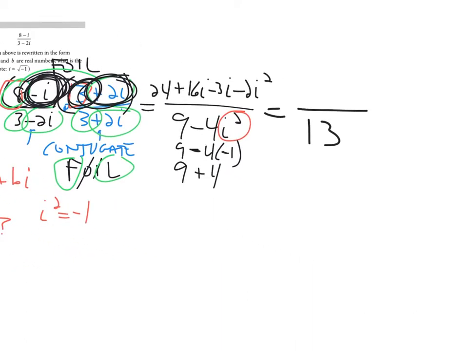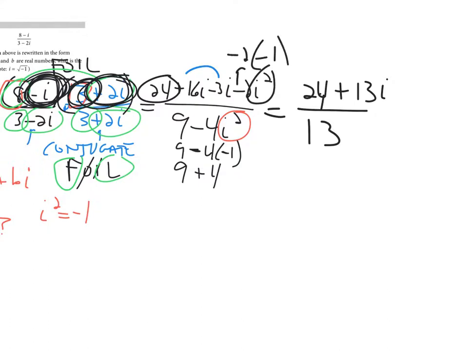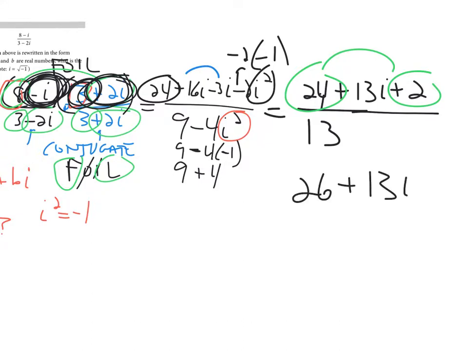So up top, we're going to have this 24, and then 16i minus 3i is 13i. And then negative 2 times i squared, well, i squared is just negative 1, so negative 2 times negative 1 is positive 2. So here my numerator, 24 plus 2 is 26 plus 13i.